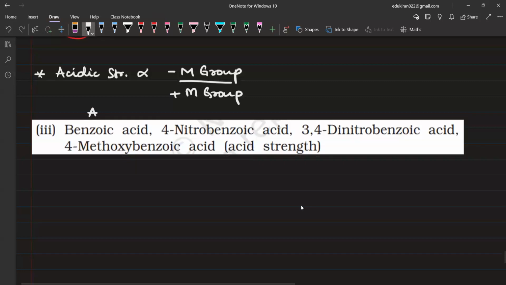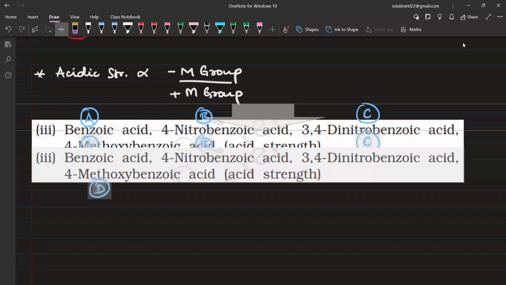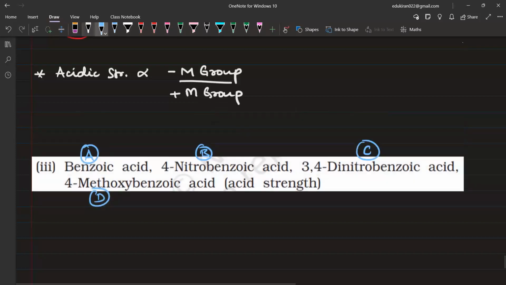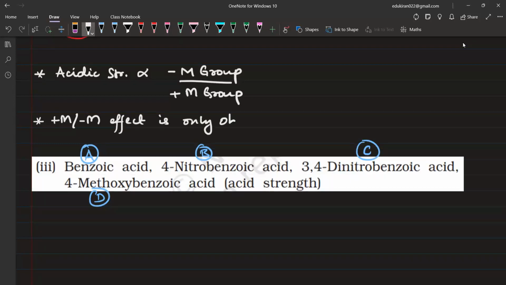You have A, benzoic acid, B, 4-nitrobenzoic acid, C, 3,4-dinitrobenzoic acid, and D, 4-methoxybenzoic acid. We will add one thing for you, that plus M or minus M effect is only observed at ortho and para positions.